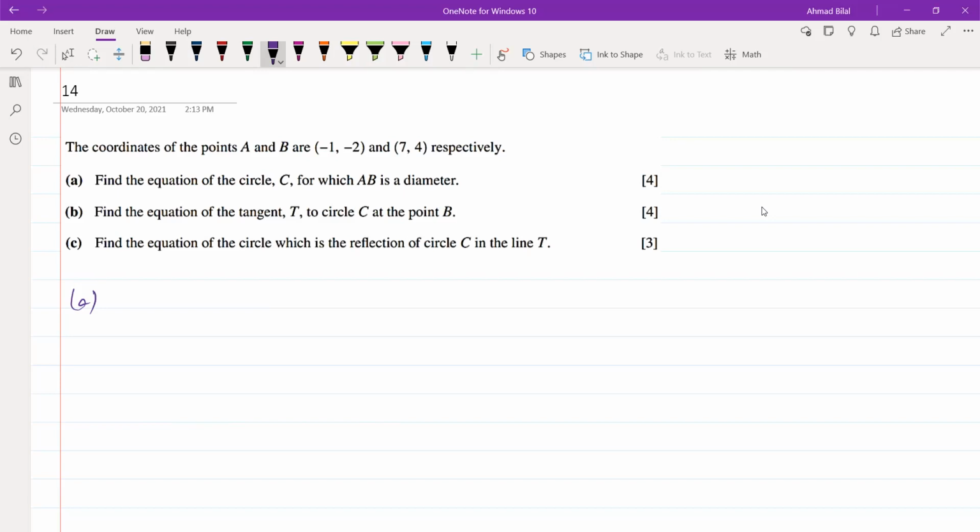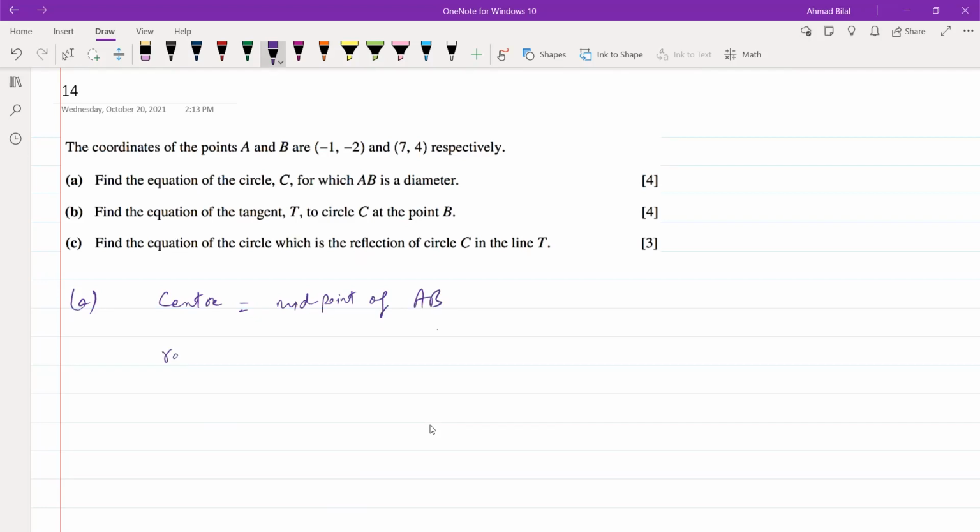Midpoint of AB, right? The center will be the midpoint of AB. You'll find that from there.